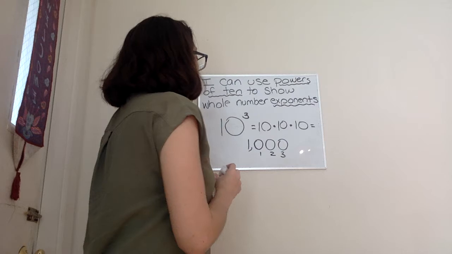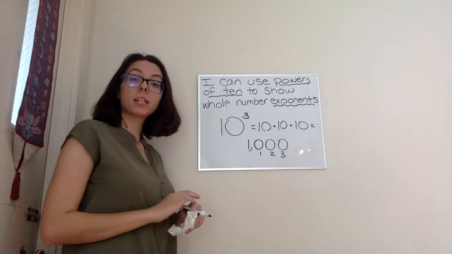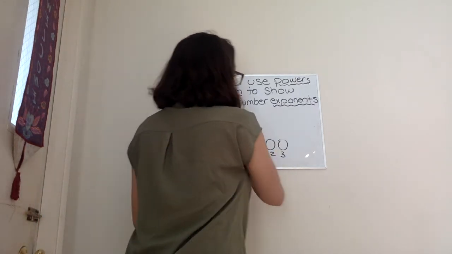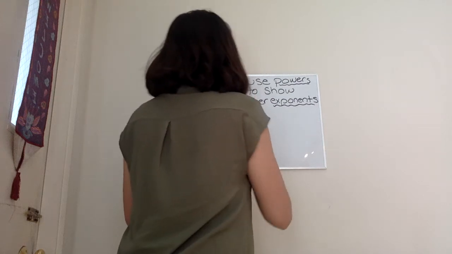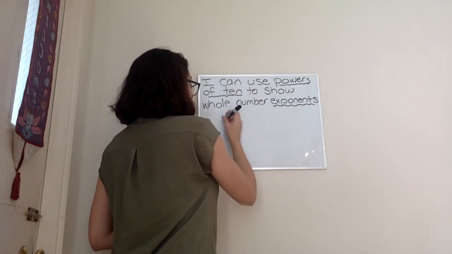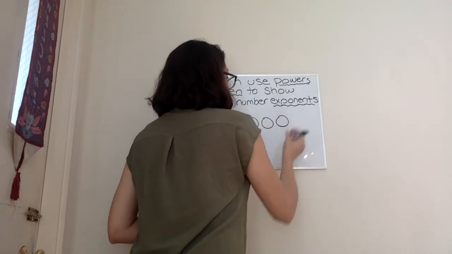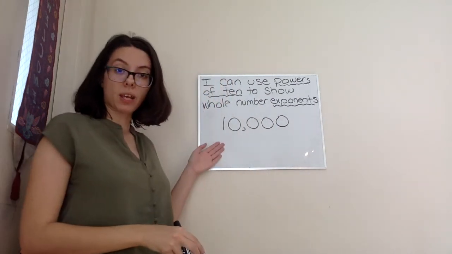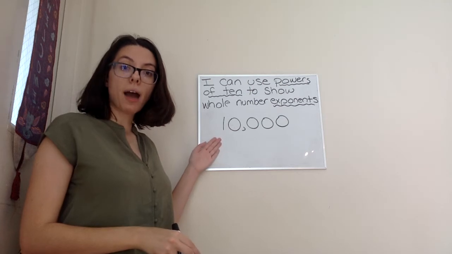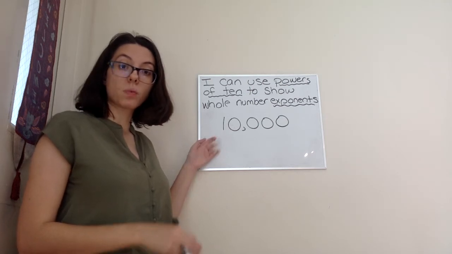So now we can work at this from a different angle too. If I was starting with the number 10,000, I could tell you what the power of 10 is as well.